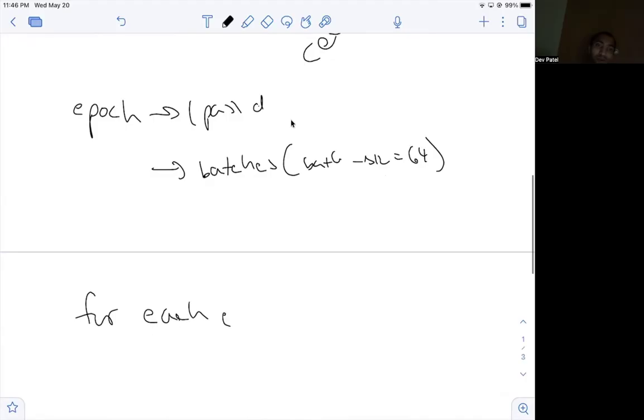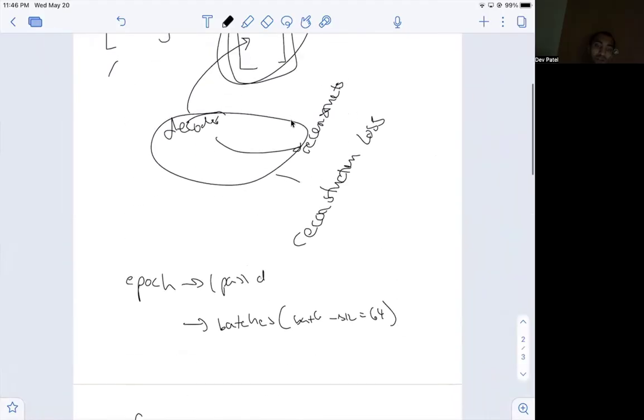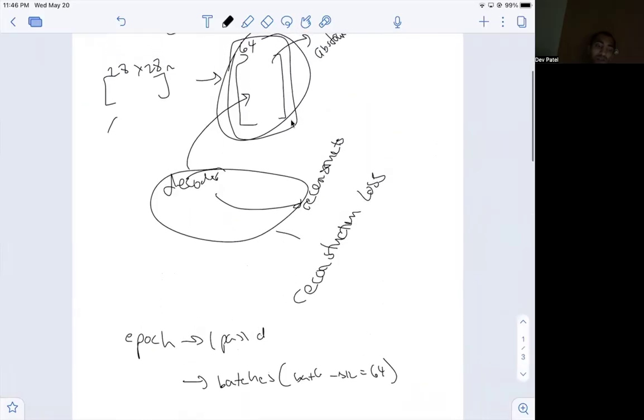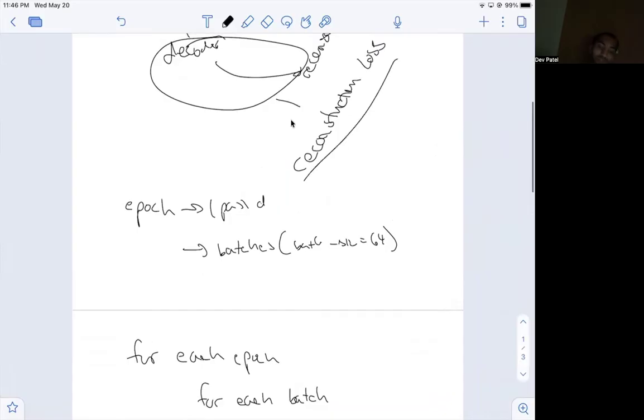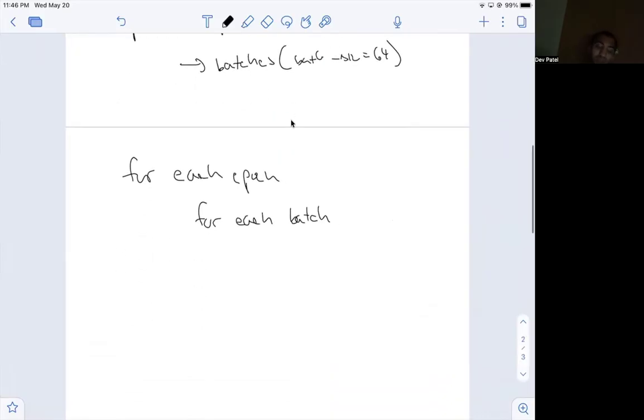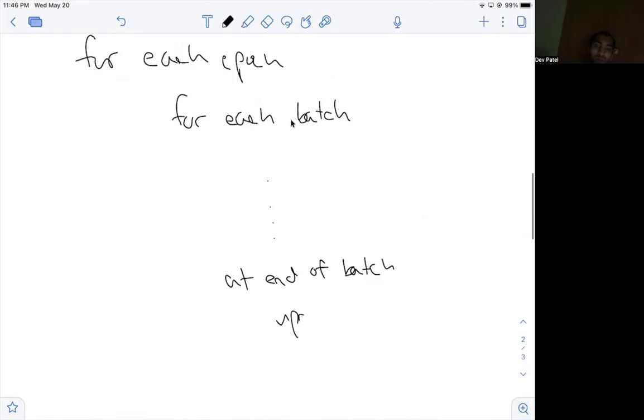For each epoch, and then for each batch, it's going to reconstruct the original image, compute the reconstruction loss, and then at the end of each batch, we're going to update the weights at once.